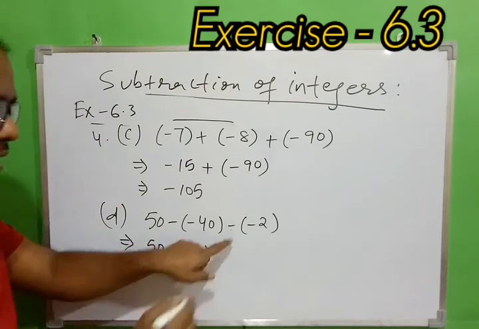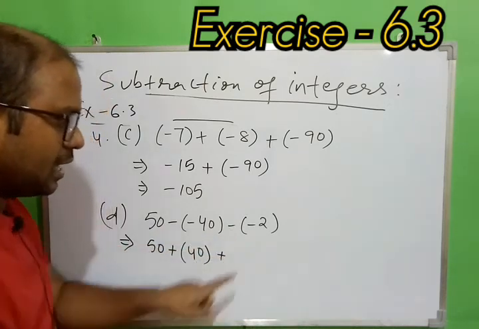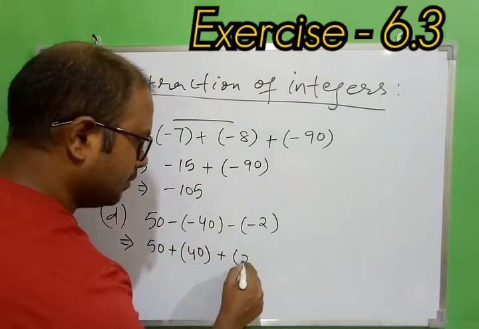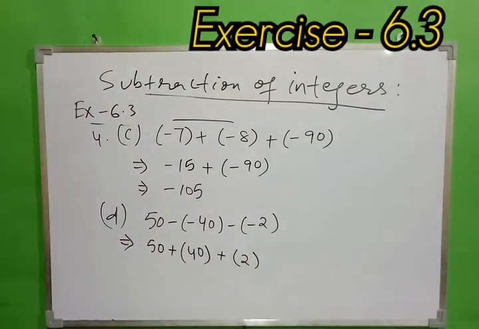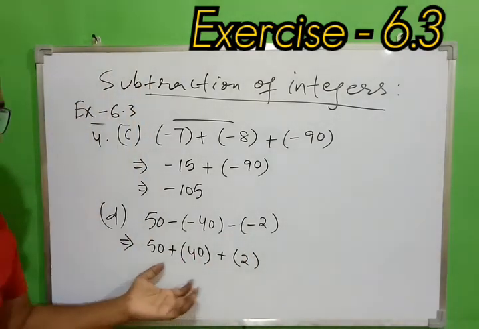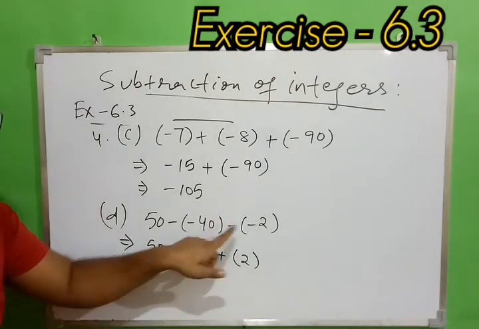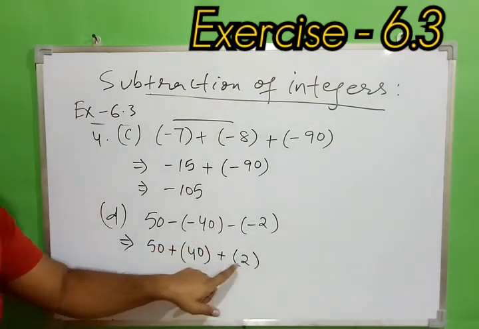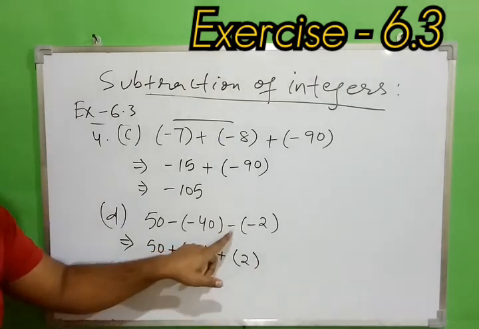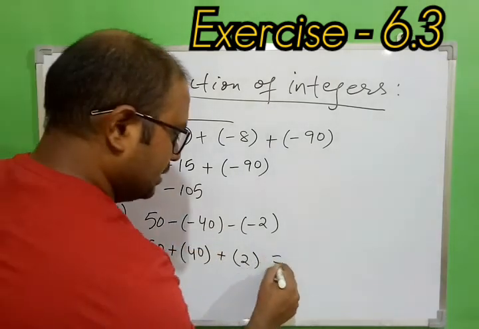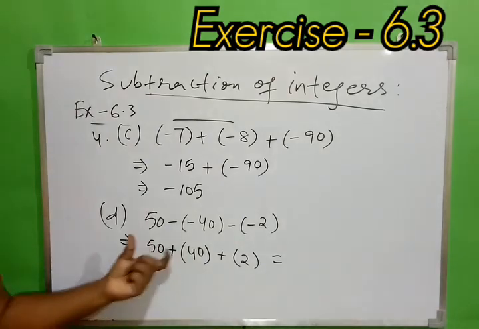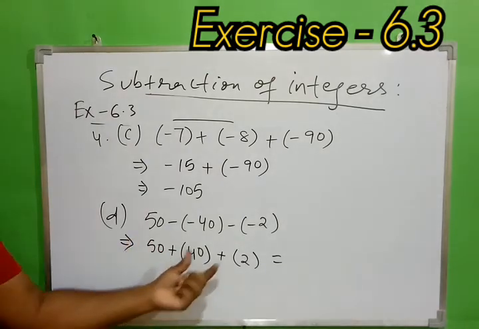In place of minus we can take plus, and again in place of minus we can take plus. So in one step we have taken the additive inverse of minus 40 and minus 2, that is 40 and 2, minus is converted into plus. And now we know this is nothing but the addition of three positive numbers. So 50 plus 40, 90 plus 2, 92.